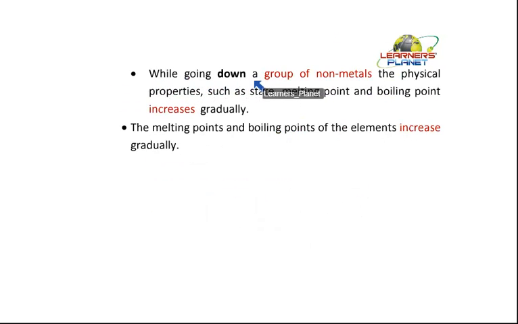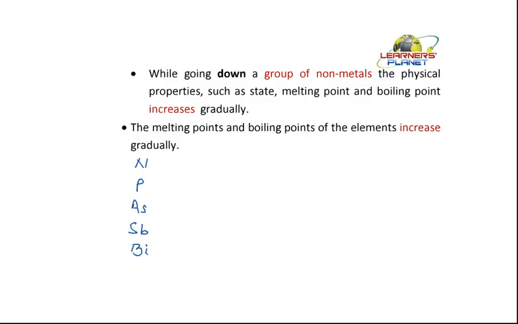While going down a group of non-metals, the physical properties such as state, melting point and boiling point increase gradually. Now in this case, why does it increase? Say I am taking a group of non-metals like nitrogen, phosphorus, arsenic, antimony and bismuth.